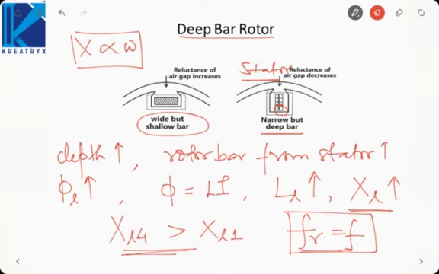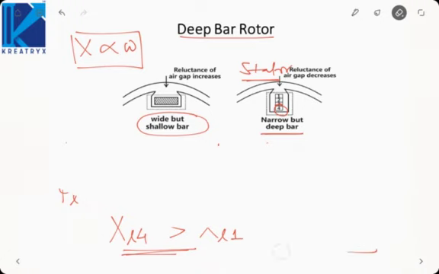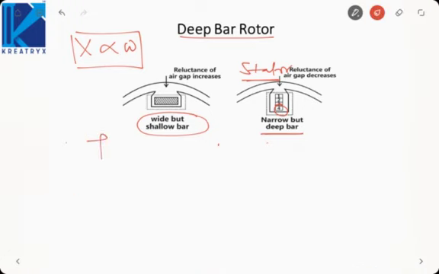Now how do we increase the starting torque using this property? The design we use is to increase the resistance of bar 1. Since current flows through bar 1, I1 is greater than I4, we make R1 greater than R4. How to do that?